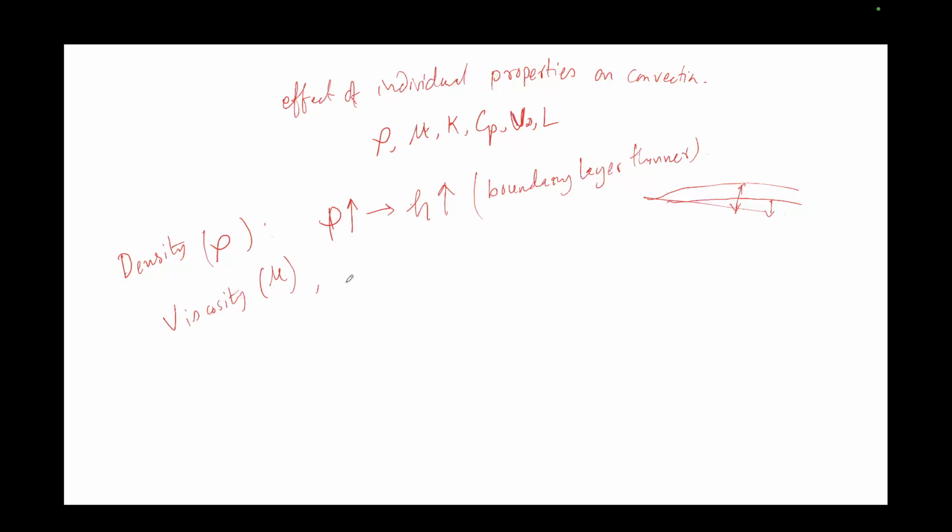So definitely if the viscosity is more, the boundary layer will be thicker, and if the boundary layer is thicker, that means H will be less. Is it clear? Okay, I hope it is clear.